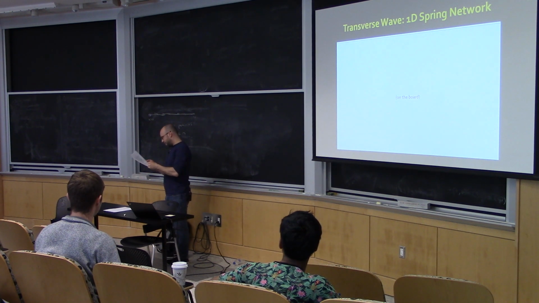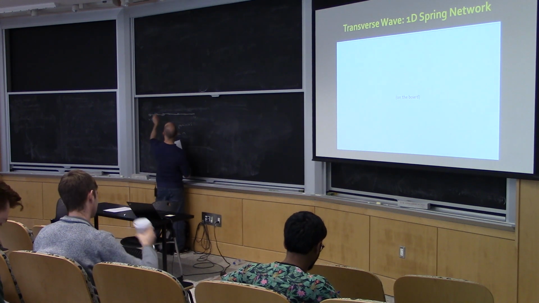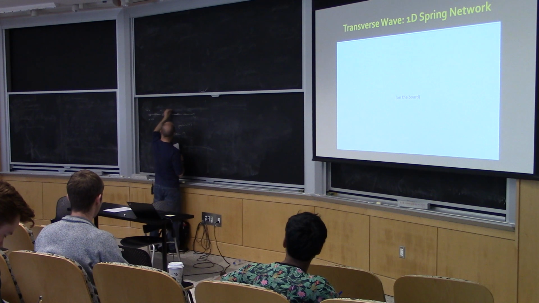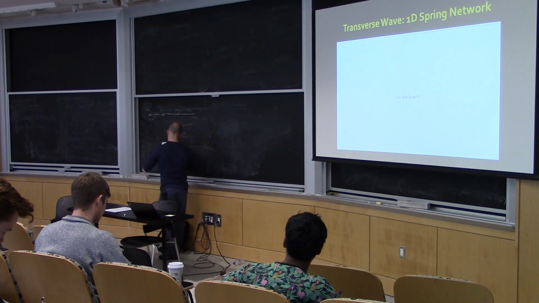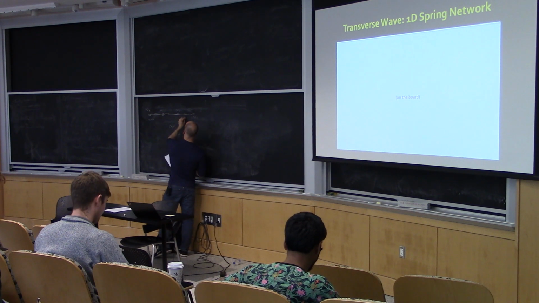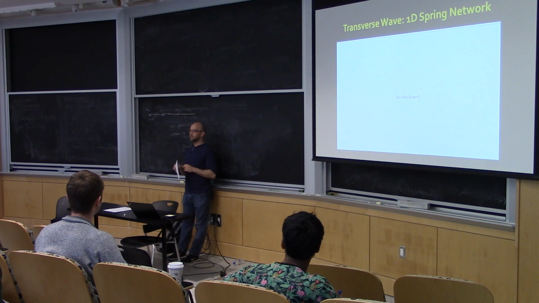So I'm going to come up with a variable, which is u. So we have u0, u1, u2, and so on. And by the way, we'll call this distance h. These variables are all just the displacement of the particle from the rest position, which is evenly spaced.